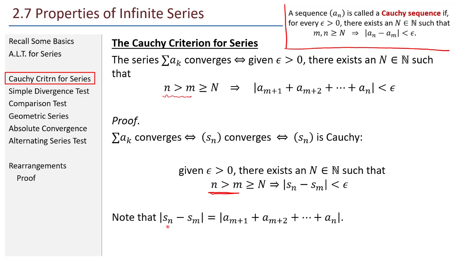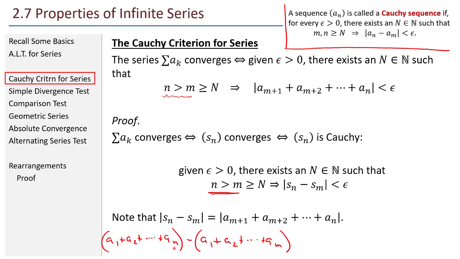Then when I take my s sub n minus s sub m, I get this sum of the a's. Do you see that? Here's my s sub n: a1 plus a2 plus dot dot dot plus a sub n. And if I take that and I subtract off a sub 1 plus a sub 2 plus dot dot dot plus a sub m, what remains?